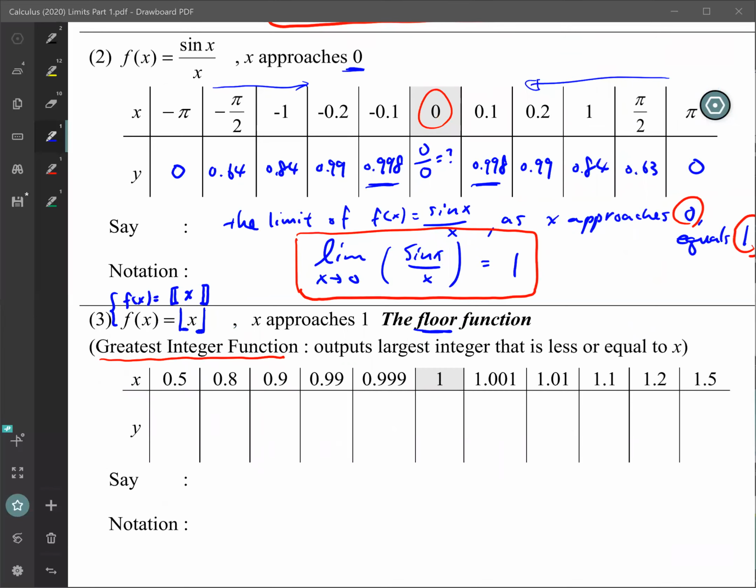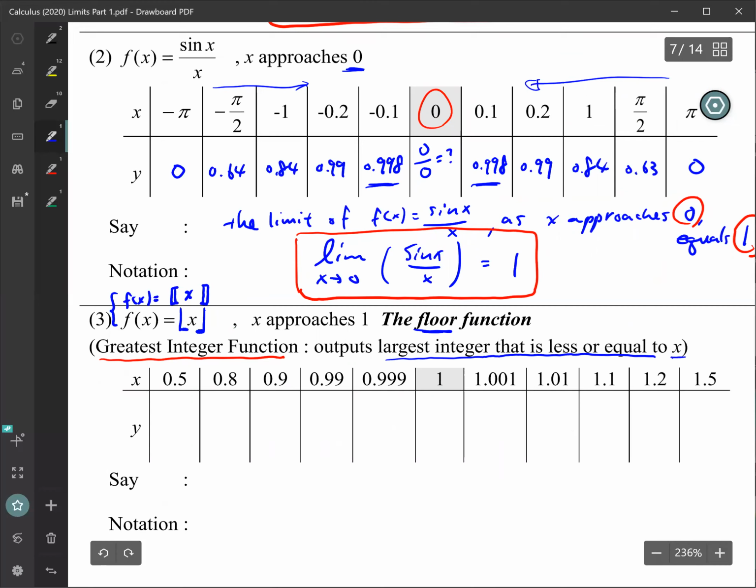What it does is output an answer, which is the largest integer that is less than or equal to x, where x is the number you put in, the input.